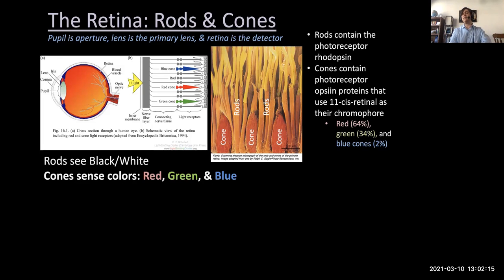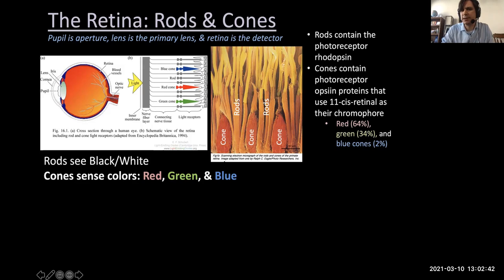But we basically have rods and cones, which can sense light. Our rods see black and white. So our rods just tell you how bright something is. They can just say, hey, you see it or you don't. And the photoreceptor there is this thing called rhodopsin. Cones, however, are much fewer. You have about 1,000 times more rods than you do cones.